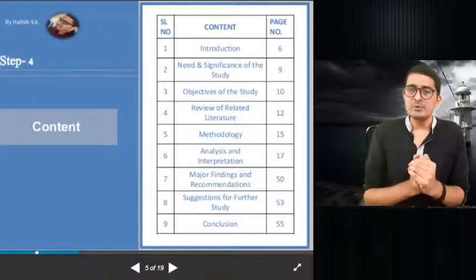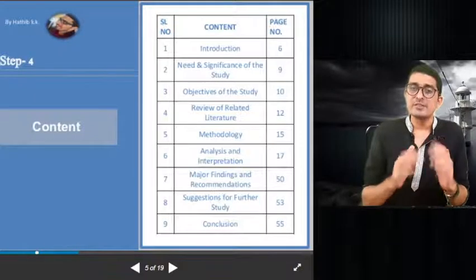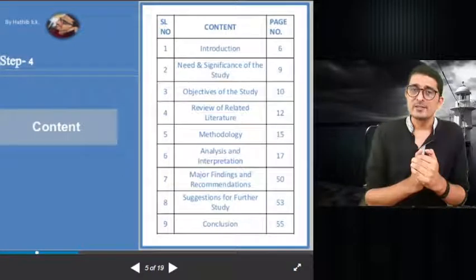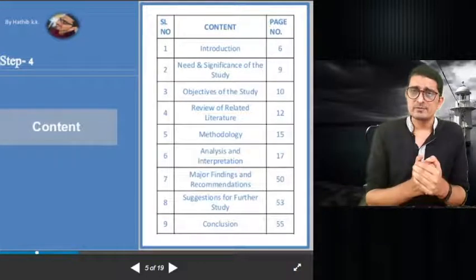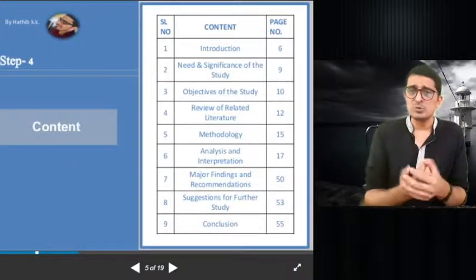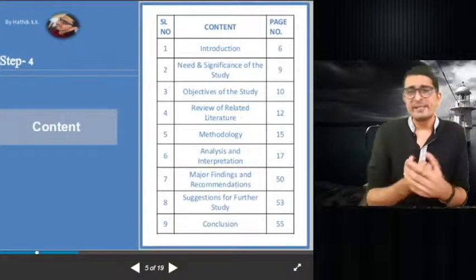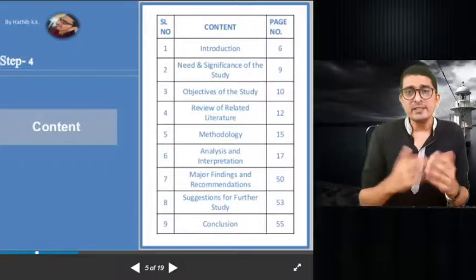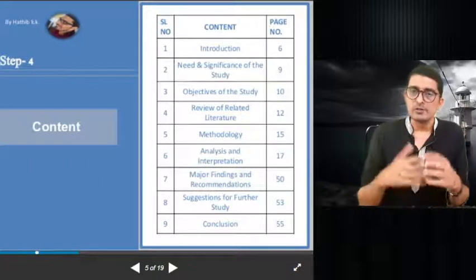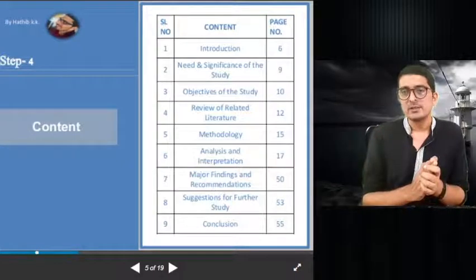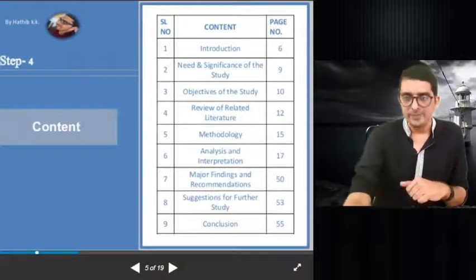Then if he comes to the content page, he can realize that the review of related literature is written on the 12th page. He can directly go to the 12th page. Otherwise, he may have to turn over all the pages. So the content page is important. You should give a content page where you should mention the items and the page numbers.